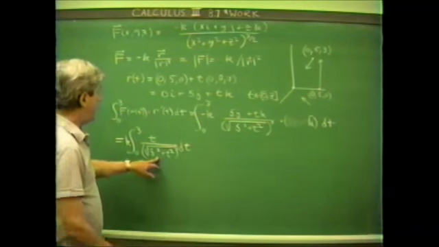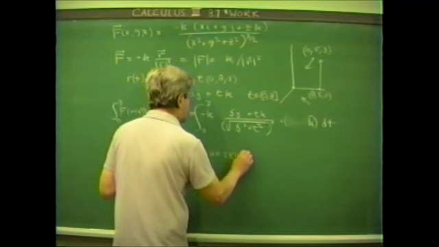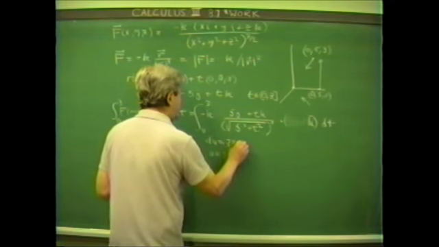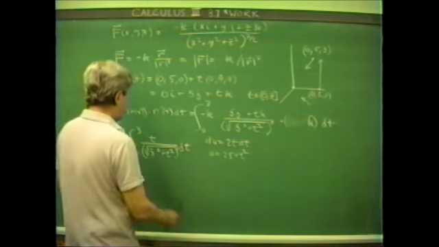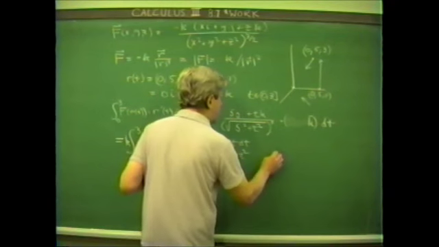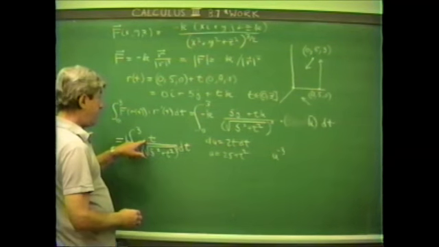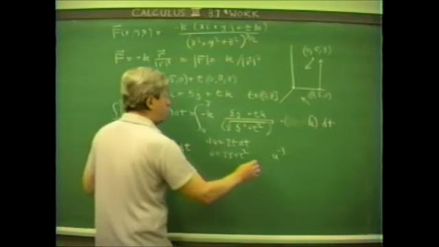And now here, if we let u equal 25 plus t squared, and du be equal consequently to 2t dt, right? This becomes the integral of u to the minus 3 halves. 2t dt is du, so t dt is going to be du over 2.